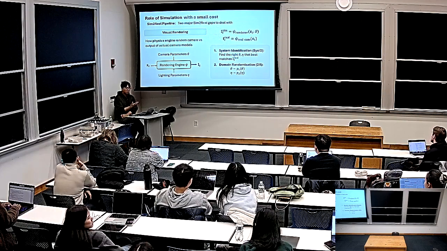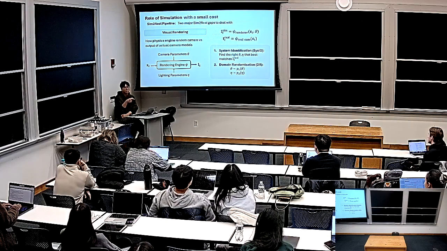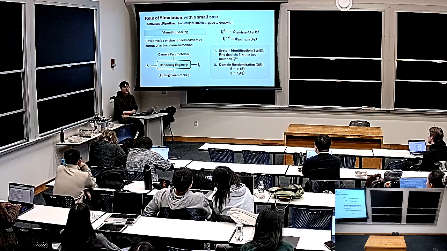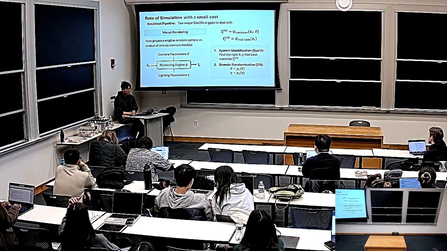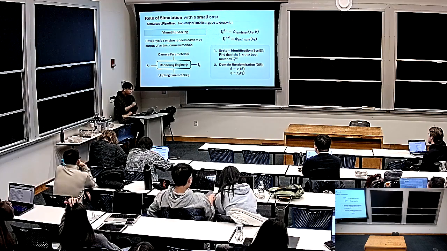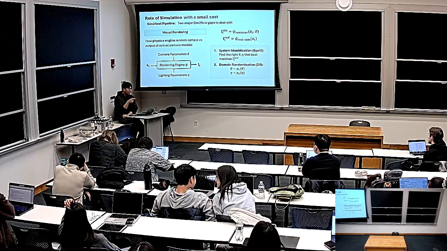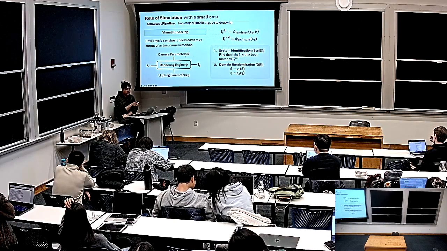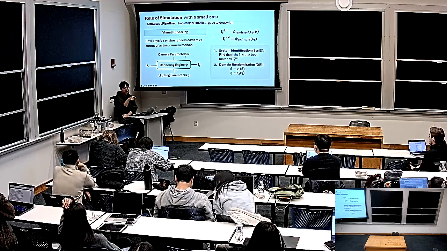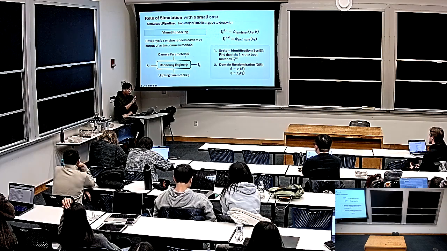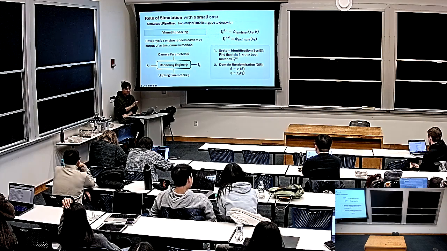What I mean by extrinsic parameters is the actual location of the camera in the real world. So we try to locate where the camera is, and we randomize slightly around that range. Regarding the camera locations, we typically do SysID.